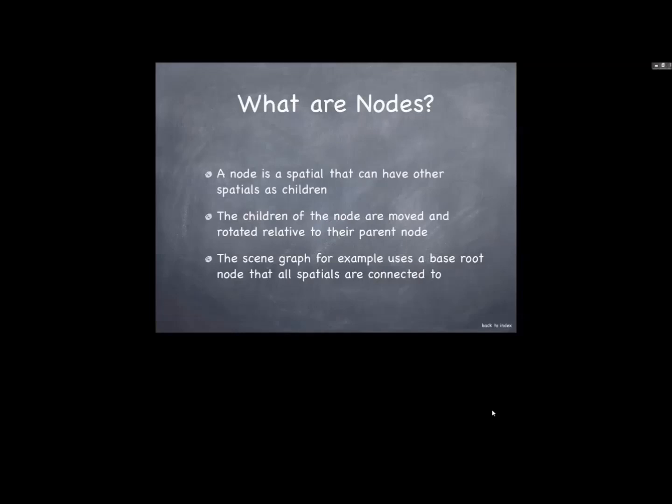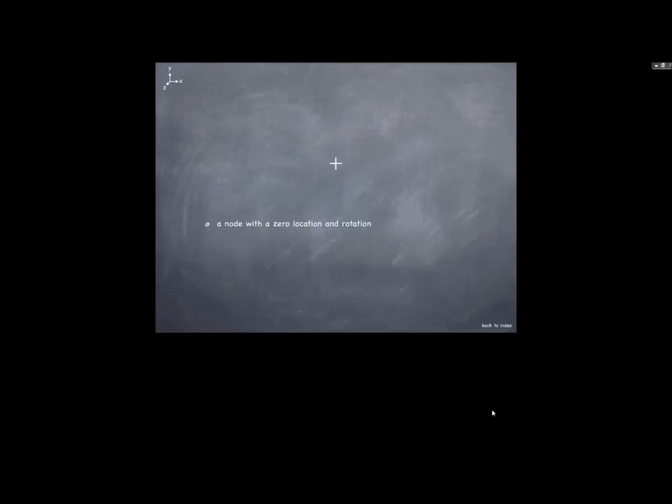This is the root node, and you can attach further nodes or geometries to this root node. So we will see this. We assume this is a node, and we can use the method attach child, and any spatial, which might be a car, a traffic sign, anything, could be added to a node.